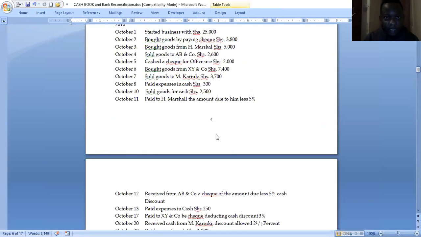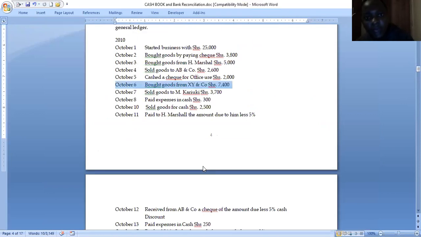And then the other transaction is on October 6th, bought goods from XY and Company, 7,400 shillings. In this case, the question also doesn't tell us whether the payment was made by cash or bank. So we assume that this is on credit basis.